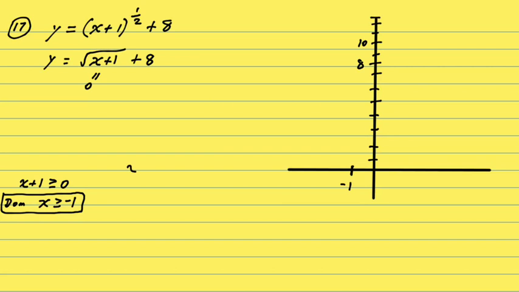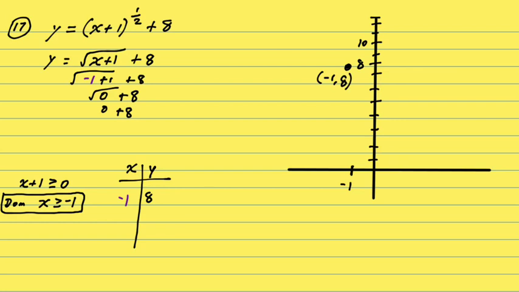So if I make an XY table, and let's suppose I put in a negative 1. What is negative 1 plus 1? It would be 0. And what's the square root of 0? 0. Plus 8 is 8. So I believe this is going to start at negative 1, 8. What would happen if you put in a 2?